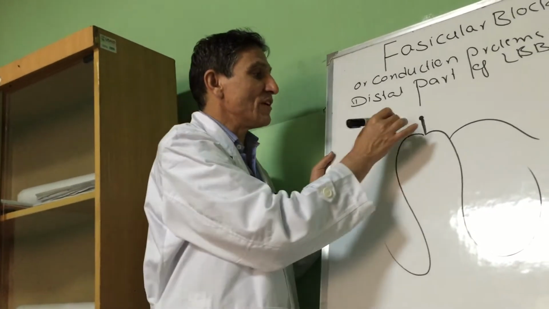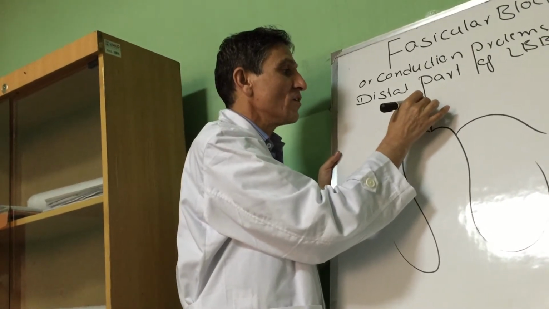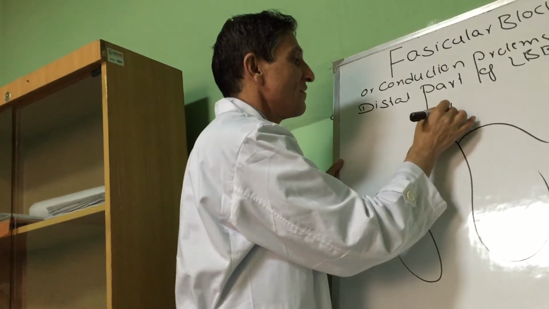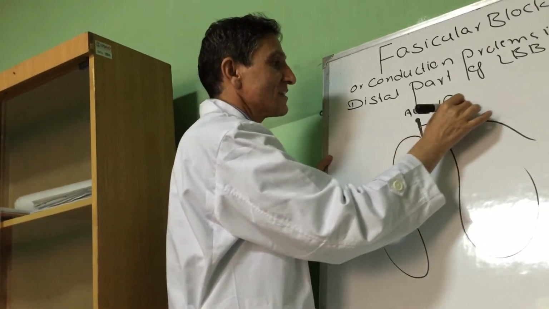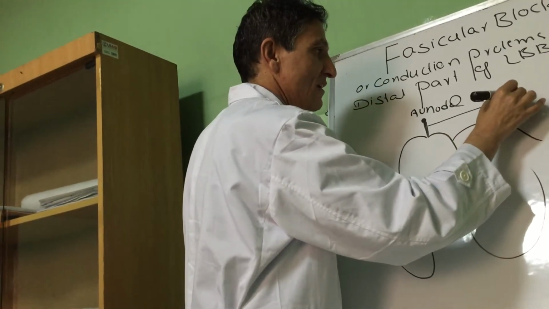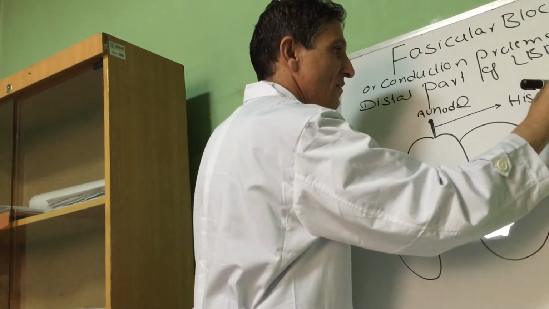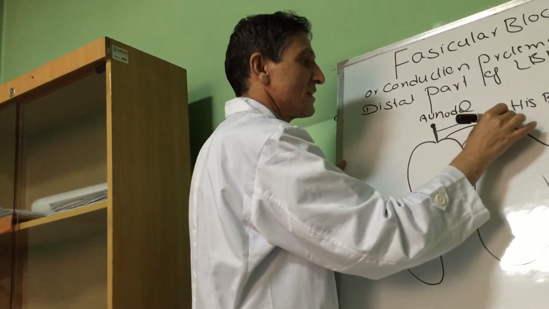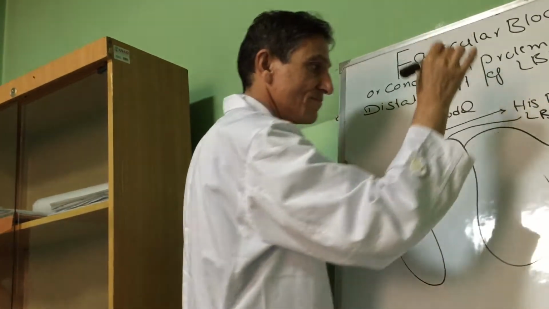First of all, the AV node. This is the AV node. After the AV node, this is the His bundle. Good. This is the left bundle branch.